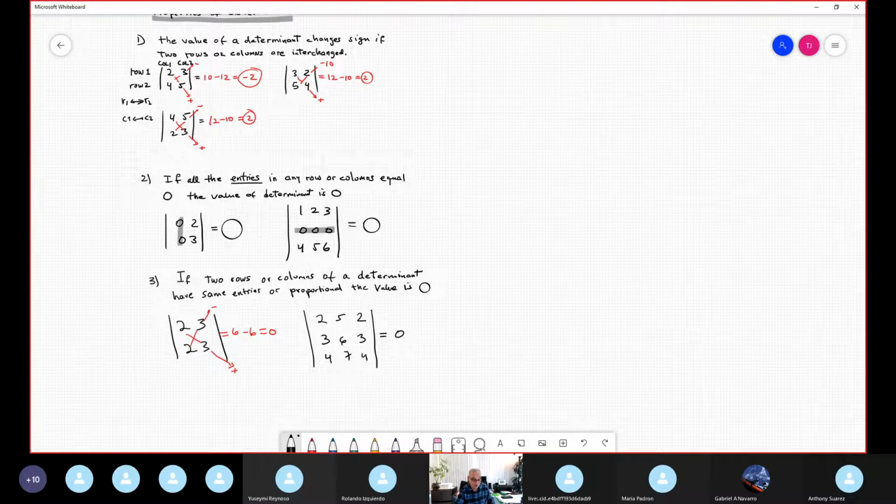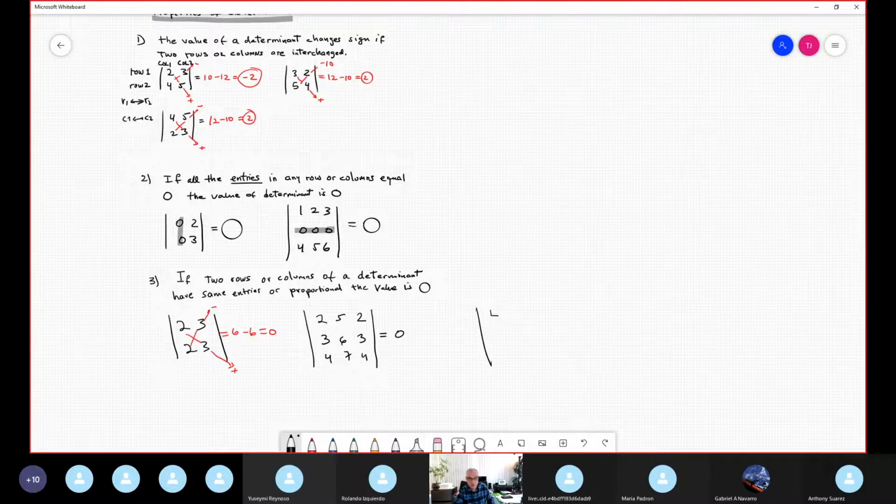It's not always the same. For example, you have proportional. What does proportional mean? Suppose this determinant, you have another 2, 5, 2. Well, in this case, the same, no? Proportional means multiplication by 2.